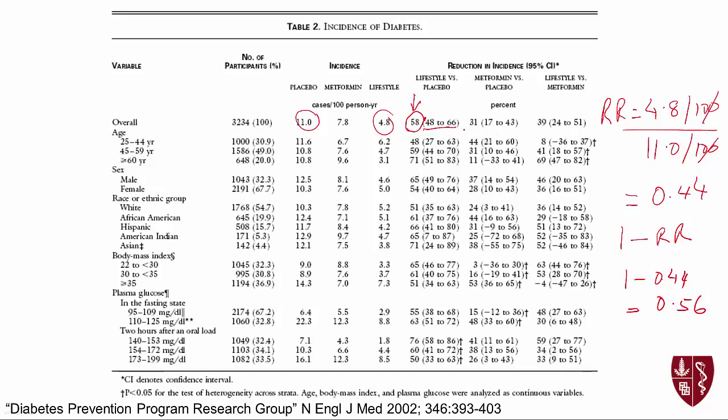You can see that metformin has a 31% reduction in risk, and lifestyle compared to metformin has a 39% reduction in risk. Now, to answer the question, are these statistically significant, you're trying to see where the p-values are. They may have reported that in the body of the results, but here you can infer statistical significance by checking to see if the null value is in this confidence interval.